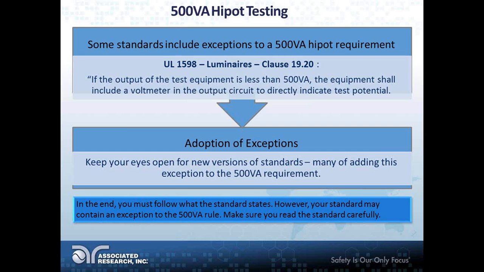Again, in the end, you must follow what the standard states. However, if your standard may contain an exception to the 500 VA rule, make sure you read the standard carefully and understand if a 500 VA Hipot tester is necessary for your testing or not.